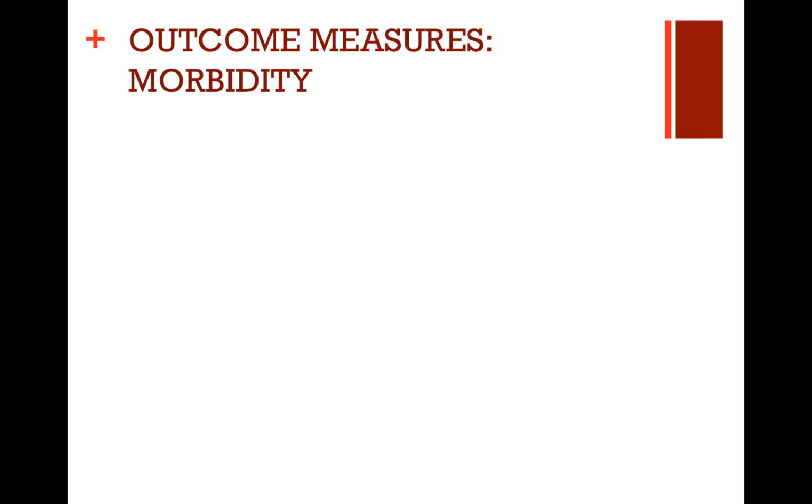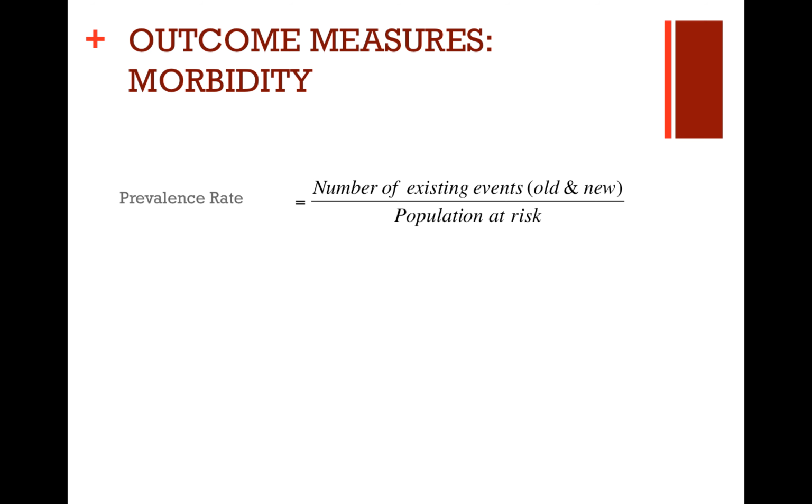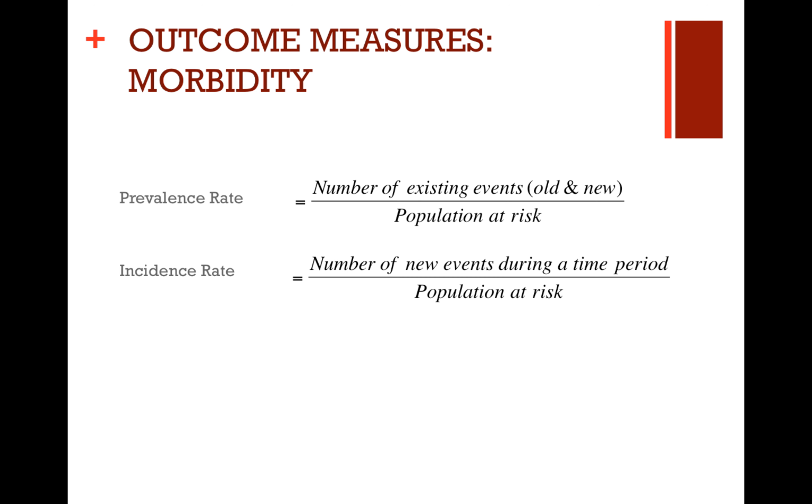But another way of thinking about these measures of morbidity or illness: prevalence is the number of existing cases, whether they are new cases or cases that people were diagnosed with the year before and continue to be sick because they have not recovered, divided by the population at risk, while incidence is the number of new cases in a given time period.